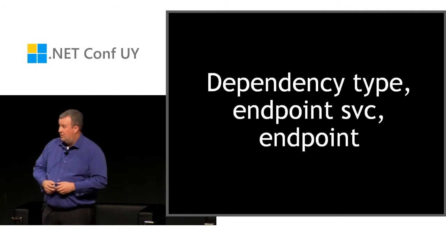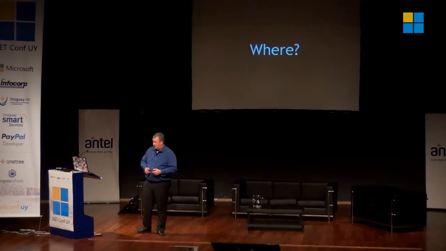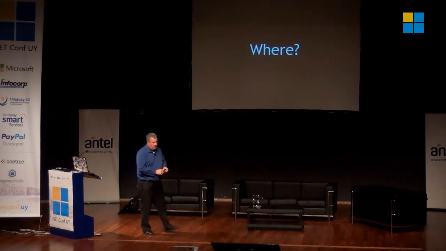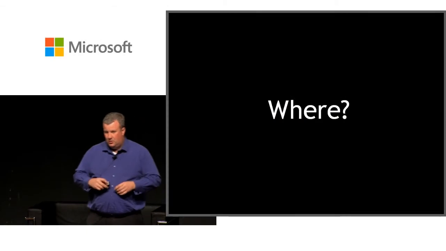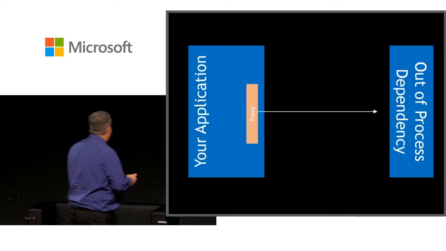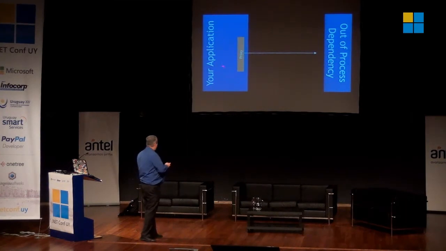So the next question we usually ask ourselves is, where do we put circuit breakers? A circuit breaker isn't a component. It's not like a router or a hub. It is just a piece of code wrapping another piece of code. So we've got our application and our dependency.